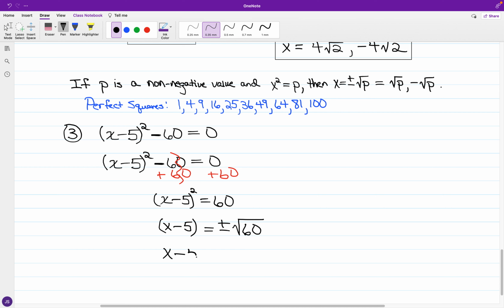And now 60, if you notice, we do not have as a value among the perfect squares, but it is a number that will be a multiple of a perfect square that is greater than 1.